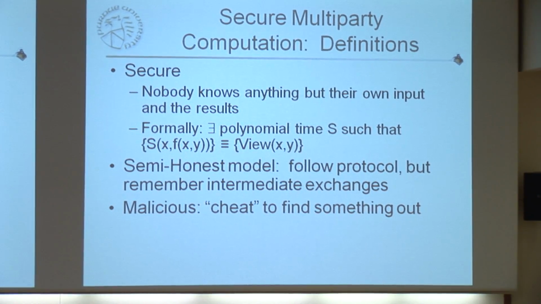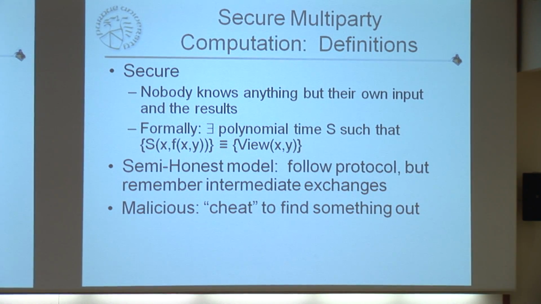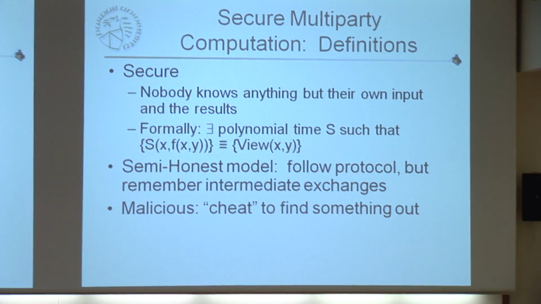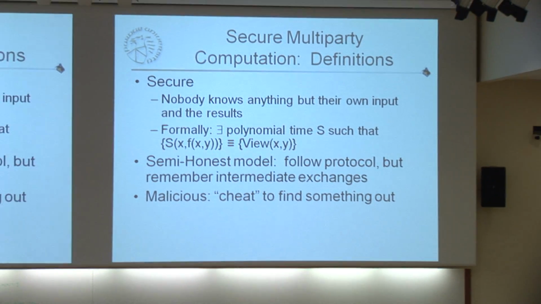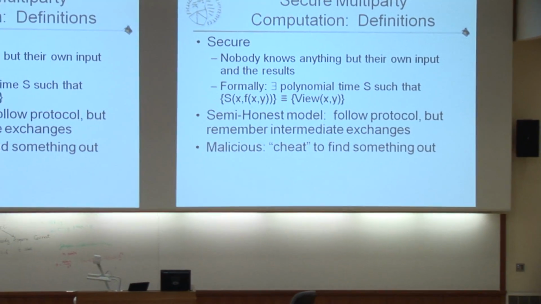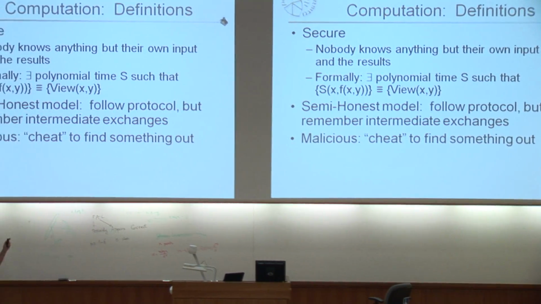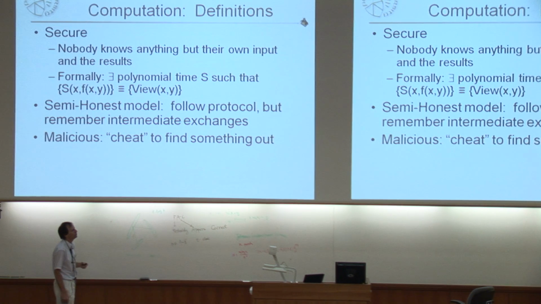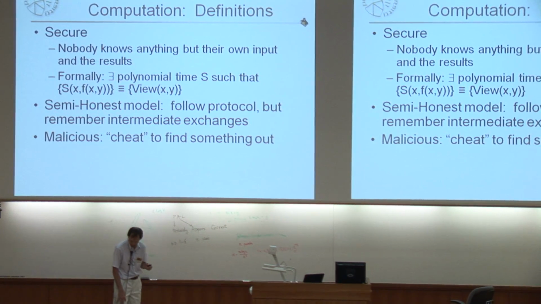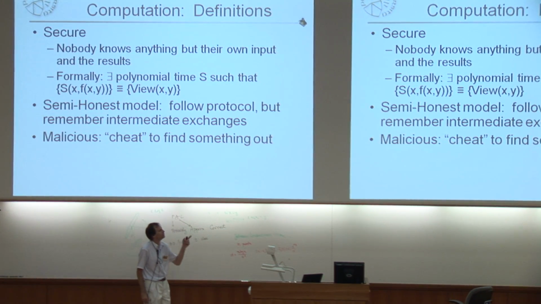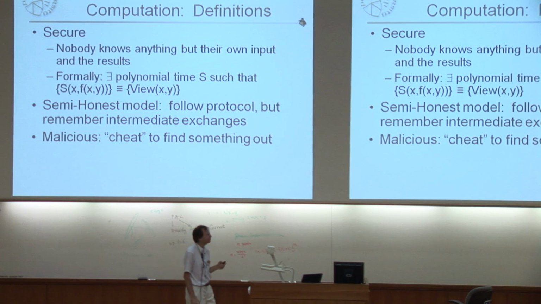But what you're going to do is show that there is a polynomial time simulator such that, given your own input and the result you get from this function, the simulator can simulate the view you actually saw when you ran the protocol. And we'll see a very simple example of what this means, so don't worry about it if it doesn't make sense.